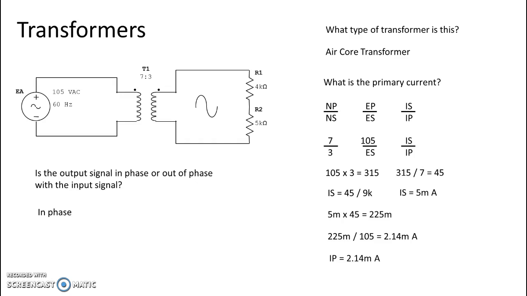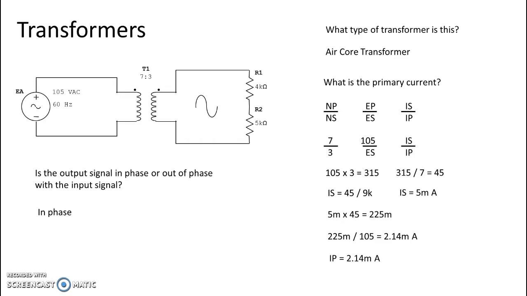And remember, if you were ever asked for primary power or secondary power, they are exactly the same. So it doesn't matter whether or not they asked you for primary or secondary. You can figure either one of them out just using the secondary voltage multiplied by the secondary current.